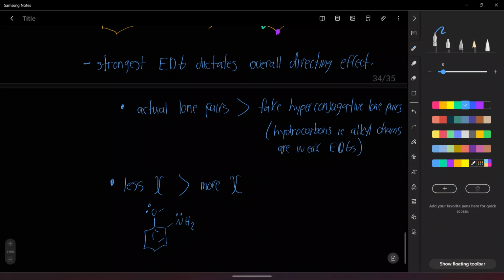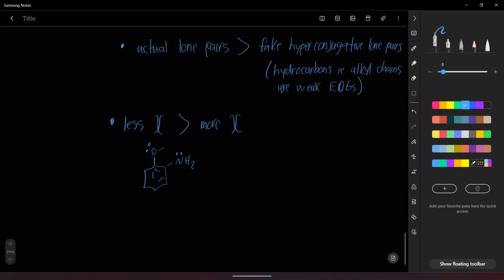Oxygen is more electronegative than nitrogen. Therefore, nitrogen is more willing to donate its electron density into the ring than oxygen is. Therefore, nitrogen is going to be what determines the overall directing group. And so this would actually direct towards the pink, not the oxygen, because nitrogen is less electronegative.